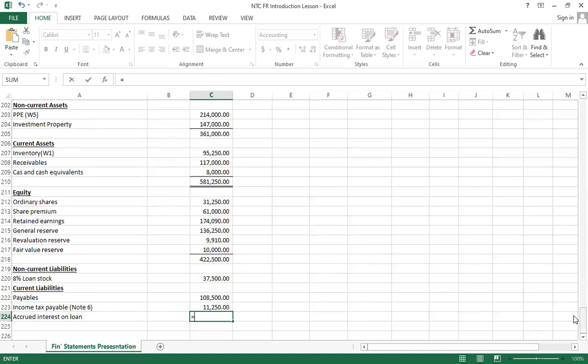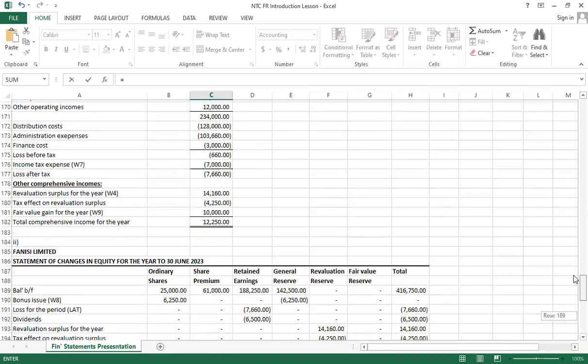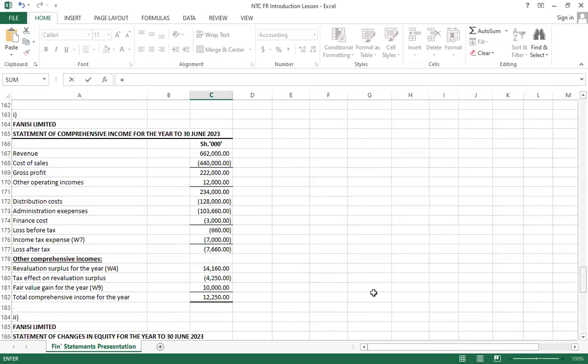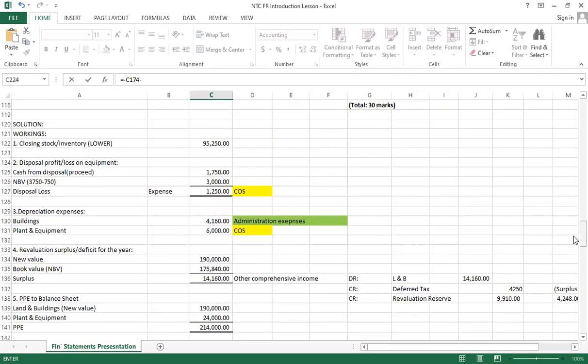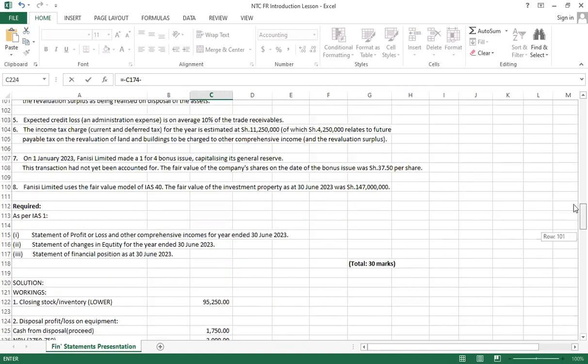You've provided for it, but you've not yet settled it in cash. In the P&L I calculated a finance cost of 3 million, so I put it as a positive, minus what we have paid, because we're looking for how much we have not yet paid.